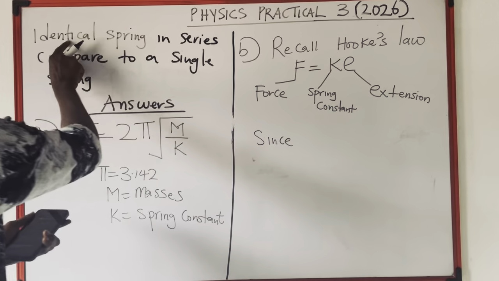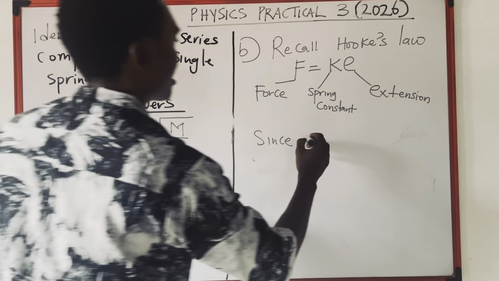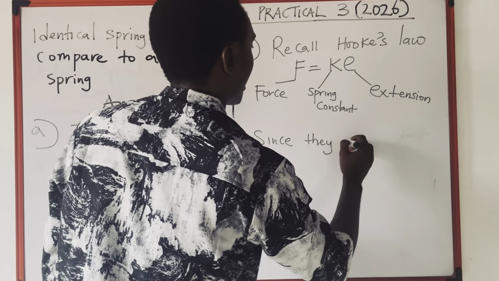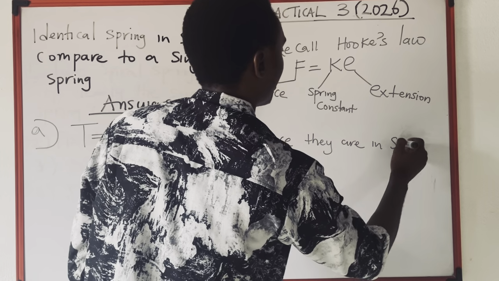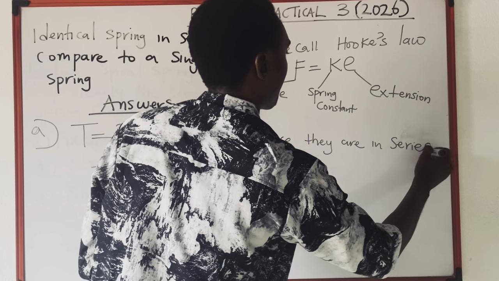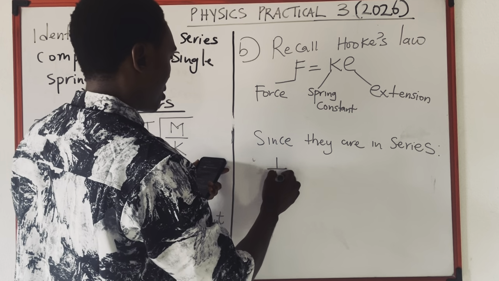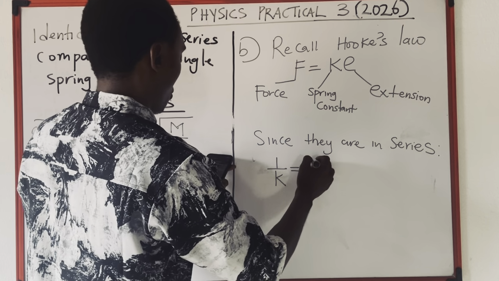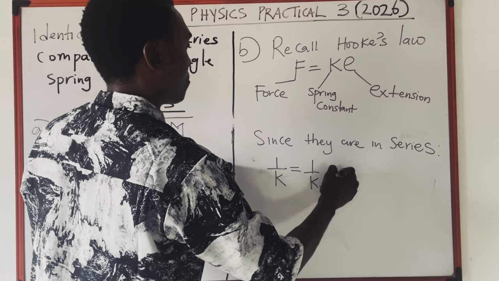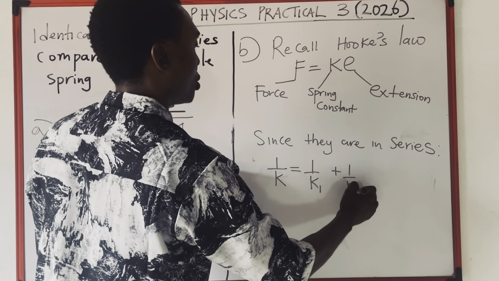Take note, identical springs in series. Since they are in series, it's going to be 1 over K is equal to 1 over K1 plus 1 over K2.